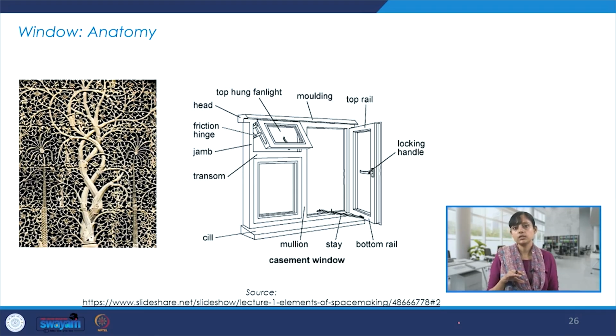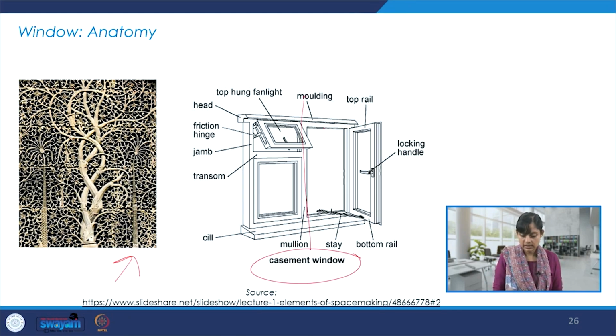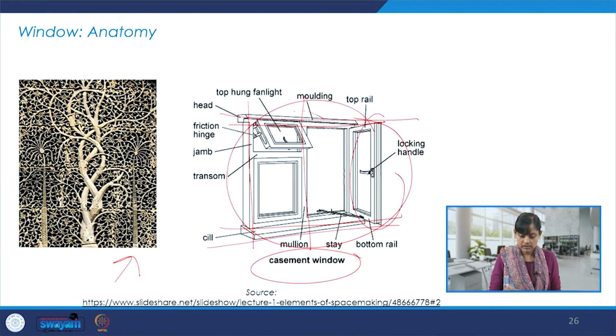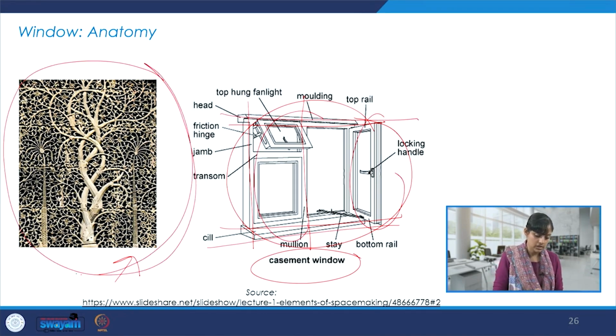Windows could be understood in terms of anatomy. It could be a perforated window, or it could be a casement window, which has a proper structure and system in place, where we have the top rail, bottom rail, and all these details. Or it could be something very abstract, intricate, with perforations, with lots of motifs and patterns.